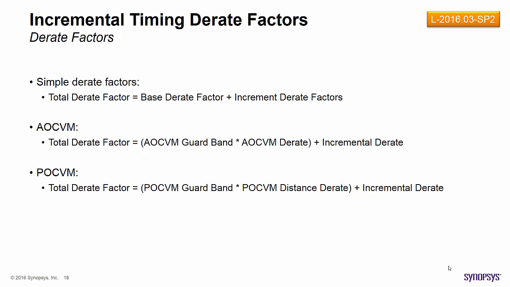For AOCVM, total derate factor is AOCVM guard band times AOCVM derate plus incremental derate. For POCVM, total derate factor is POCVM guard band times POCVM distance derate plus incremental derate.